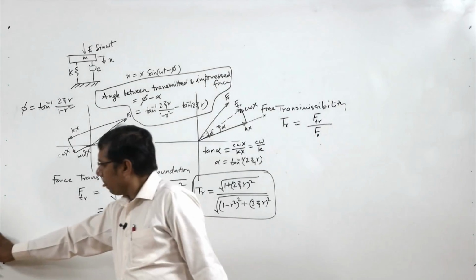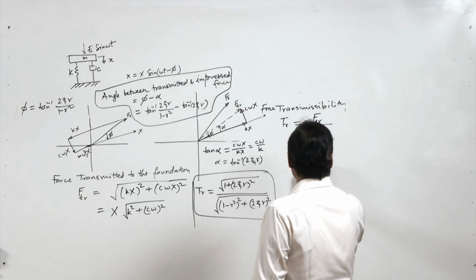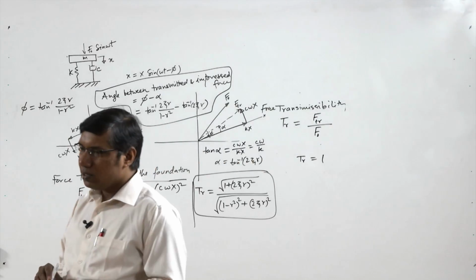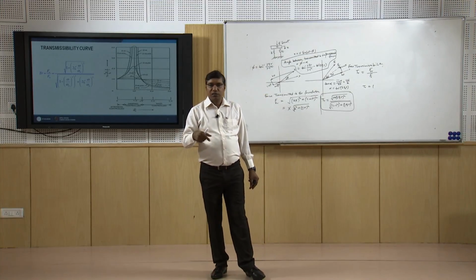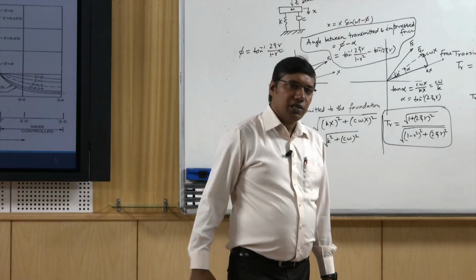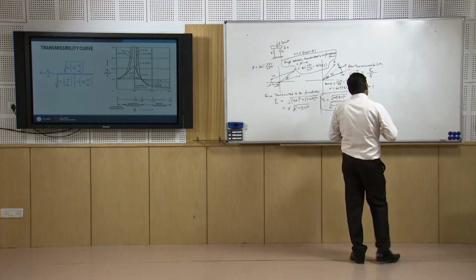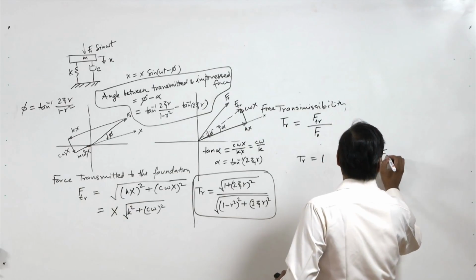We want to know when the transmissibility will be 1, meaning the force that is impressed, that same force, is transmitted to the foundation. So transmissibility is 1 in this case, or F_tr equal to F_0.